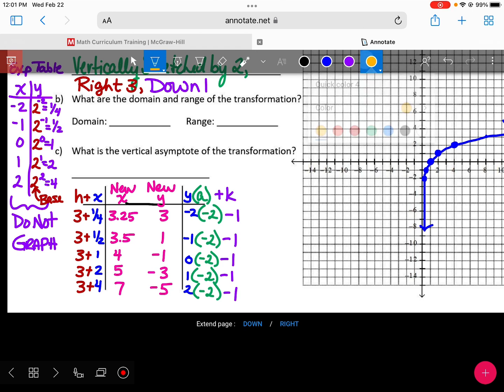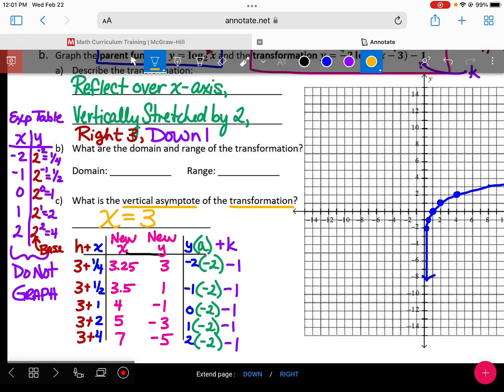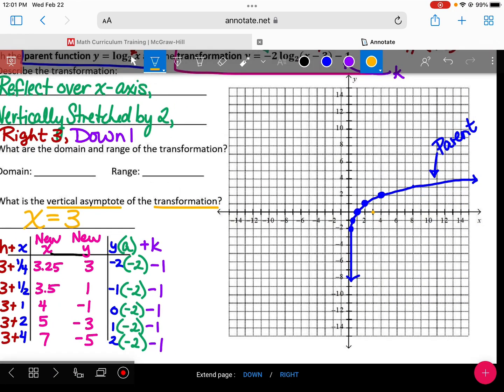Where is my vertical asymptote for the transformation? X equals 3. So over here at 3, I do a vertical line that my transformation is not going to cross.